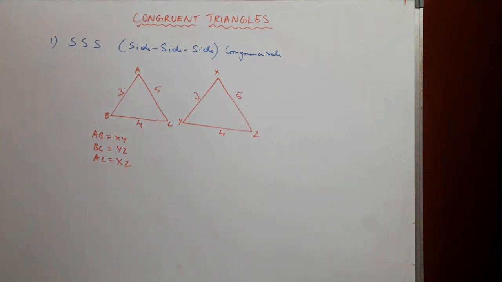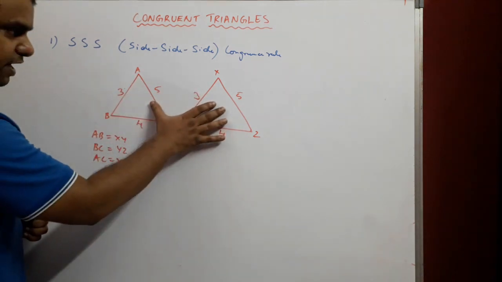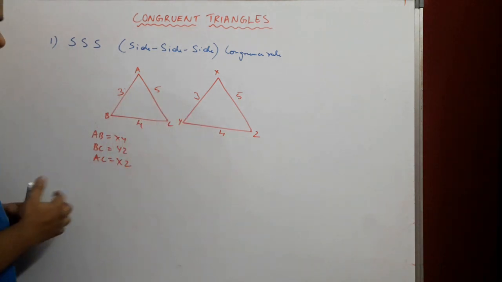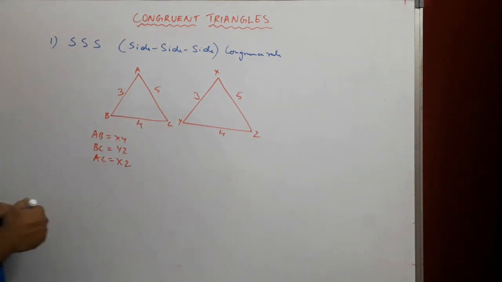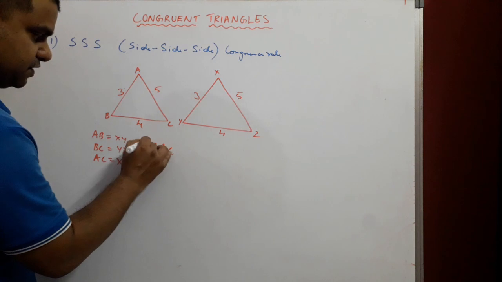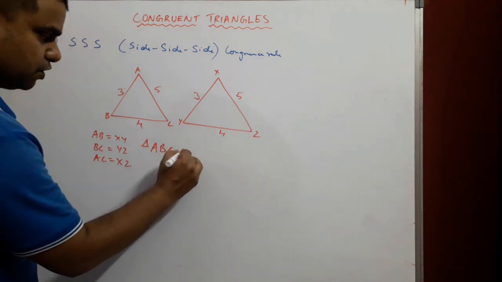So this is our side side side congruence rule, which means that if there are two triangles and in those two triangles the corresponding sides are equal to each other, we can say that these two triangles are congruent. If we say triangle ABC is congruent to triangle XYZ, this is how we show congruency.